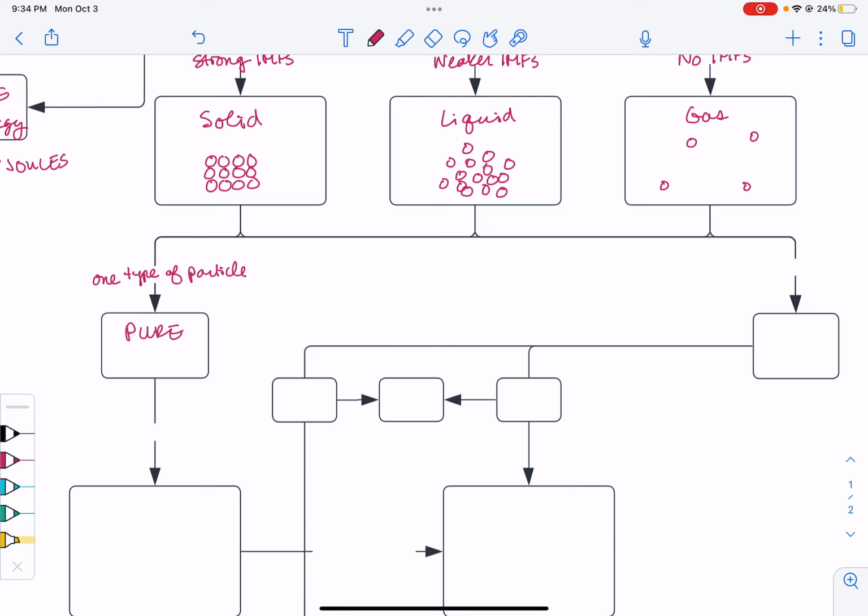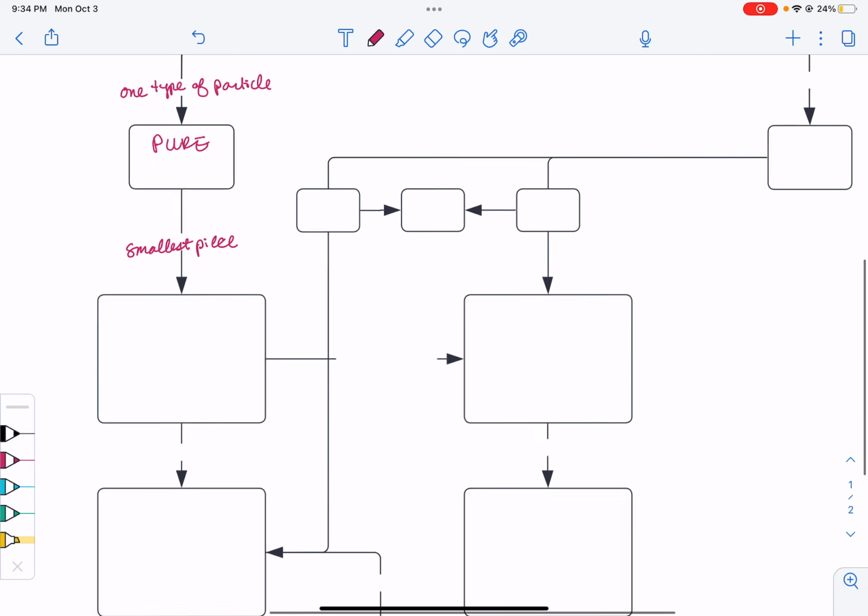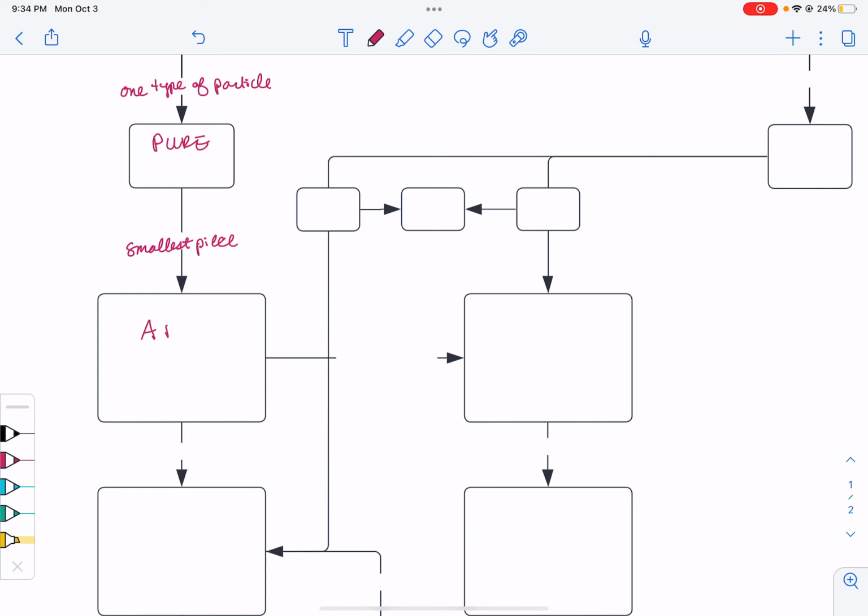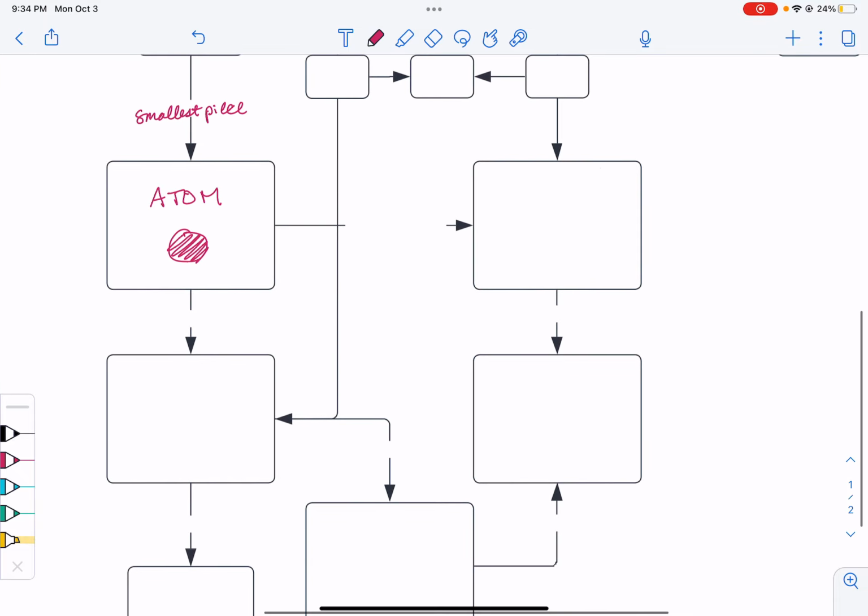And the smallest piece of a pure substance we call an atom. And for right now, an atom is just a solid particle. When we have lots of identical atoms together, we call them elements.